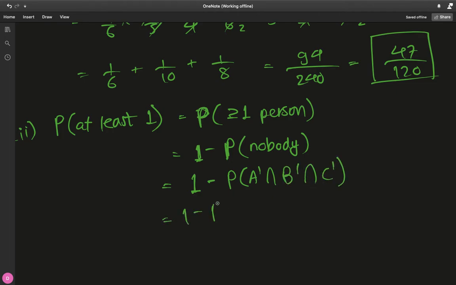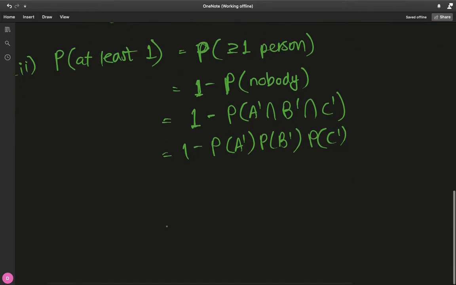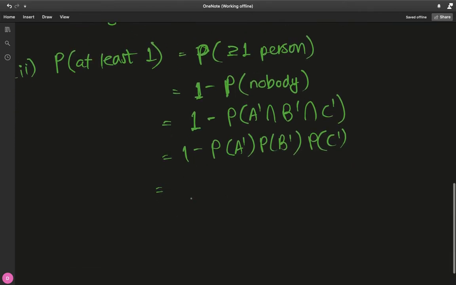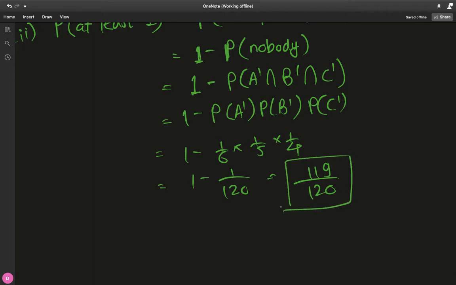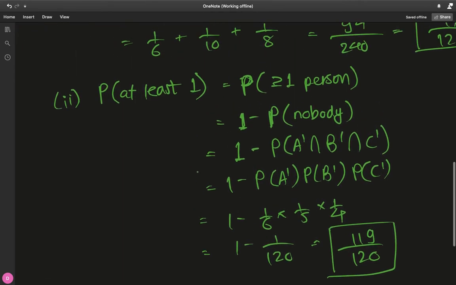So we can have 1 minus probability of A complement, probability of B complement, probability of C complement, which eventually turns out to be 1 minus 1 over 6 times 1 over 5 times 1 over 4. And that turns out to be 1 minus 1 over 120, which is 119 over 120. And that's the required probability in the subpart 2.